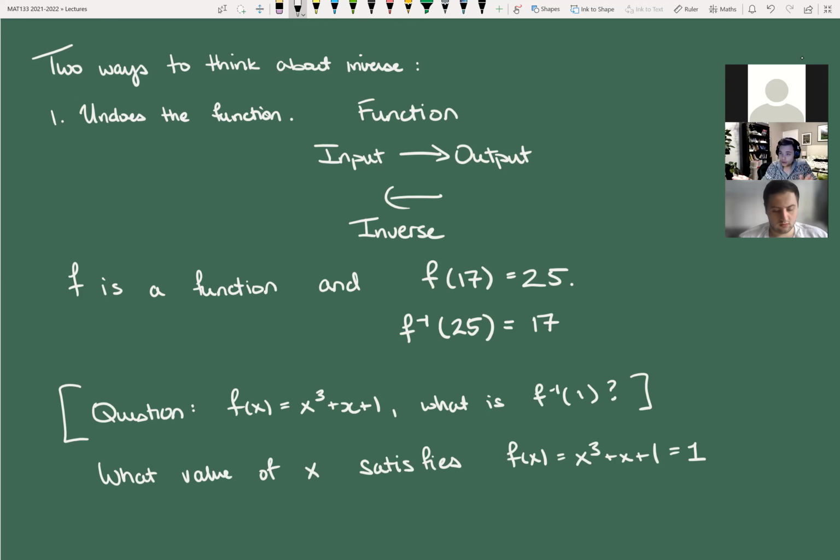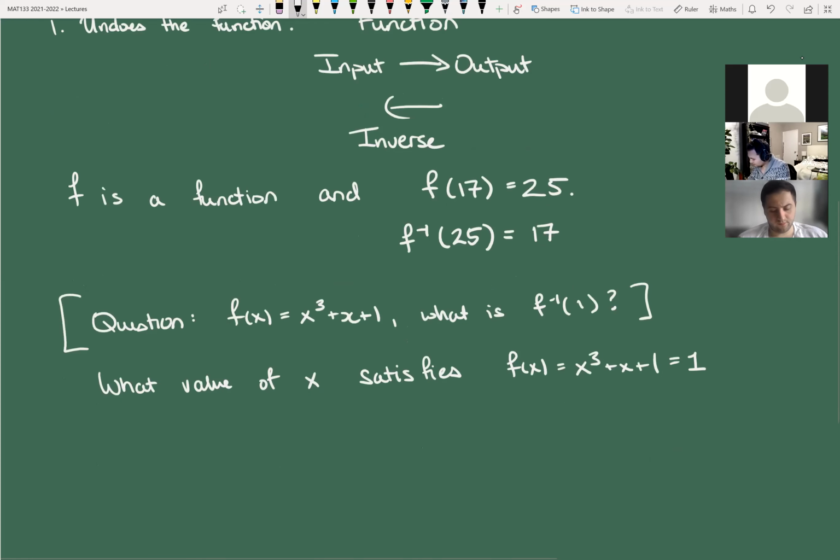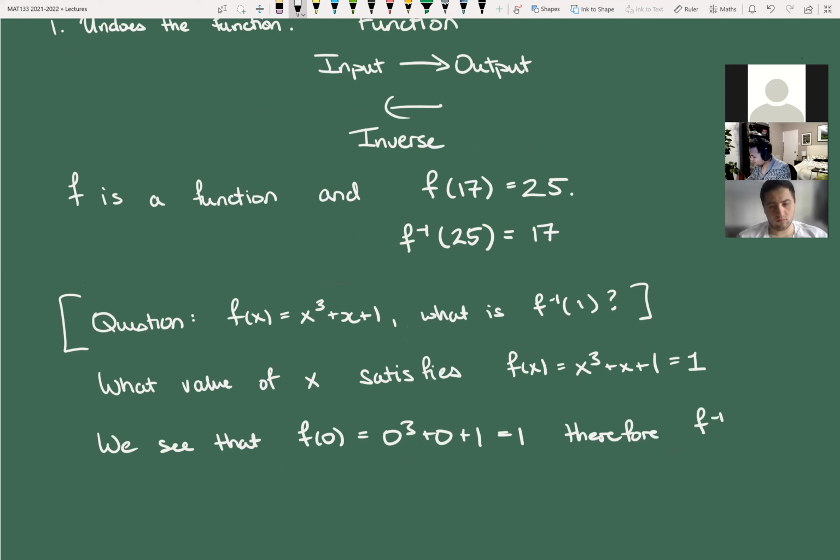You could if you want, but just looking at it, what number works? 0 certainly works. If you plug in 0, we see that f of 0 is 0 cubed plus 0 plus 1 equals 1. Therefore, f inverse of 1 is equal to 0.